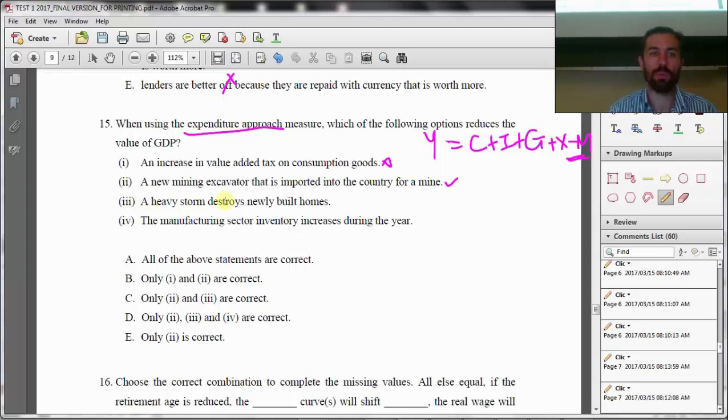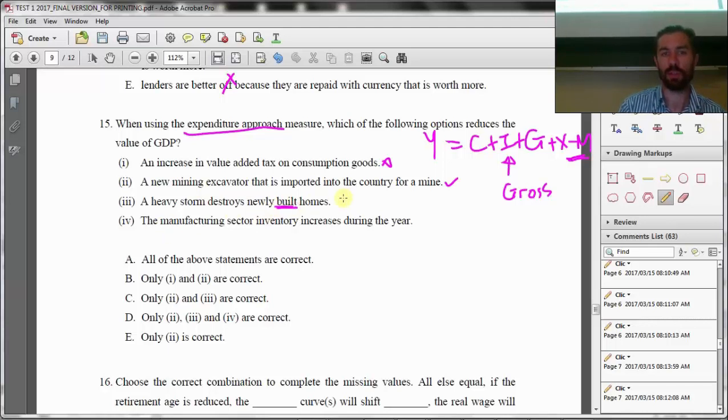If a storm destroys newly built homes, well, remember, investment here is gross investment. If they're built and then get destroyed, that's not part of our measure of GDP, right? The only part that goes into measuring GDP, sorry, when I put G here, that's for gross, is the actual building of those homes.